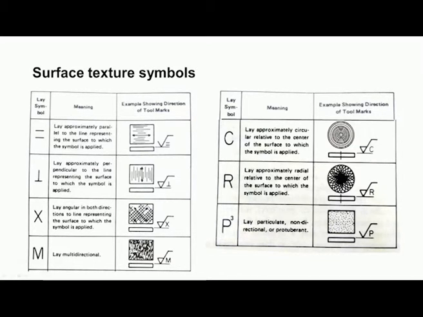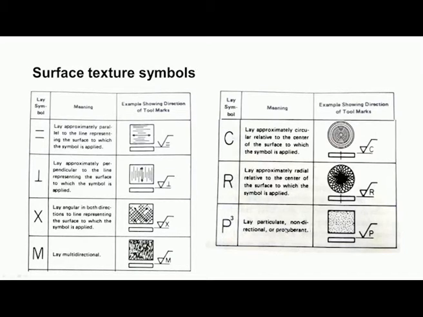And here the cross hatch type texture is there, and lay is multi-directional, then we say M. And if the lay is parallel to the measurement of surface finish, then we use this particular symbol, parallel. And then if the surface texture is concentric like this, then we use this particular symbol. This happens when we turn the workpiece in the face turning operation.